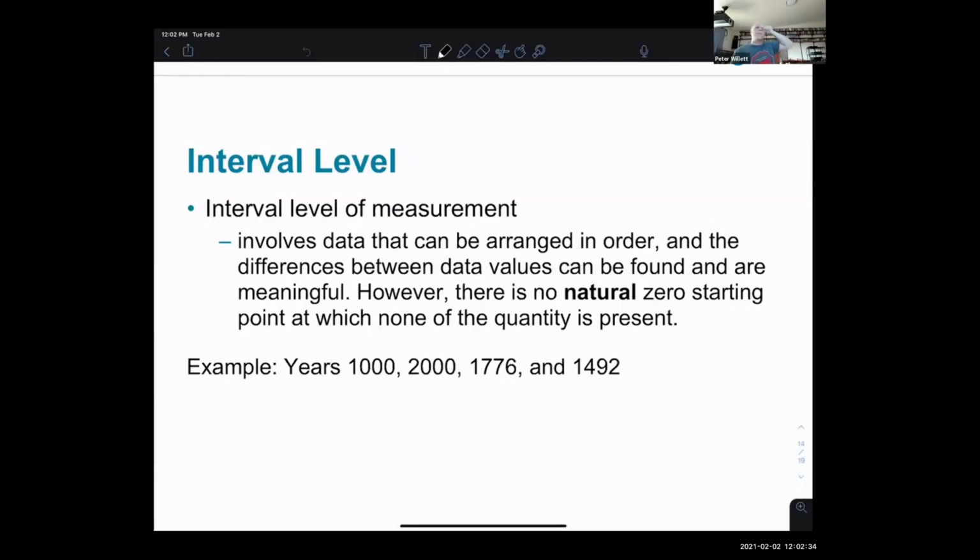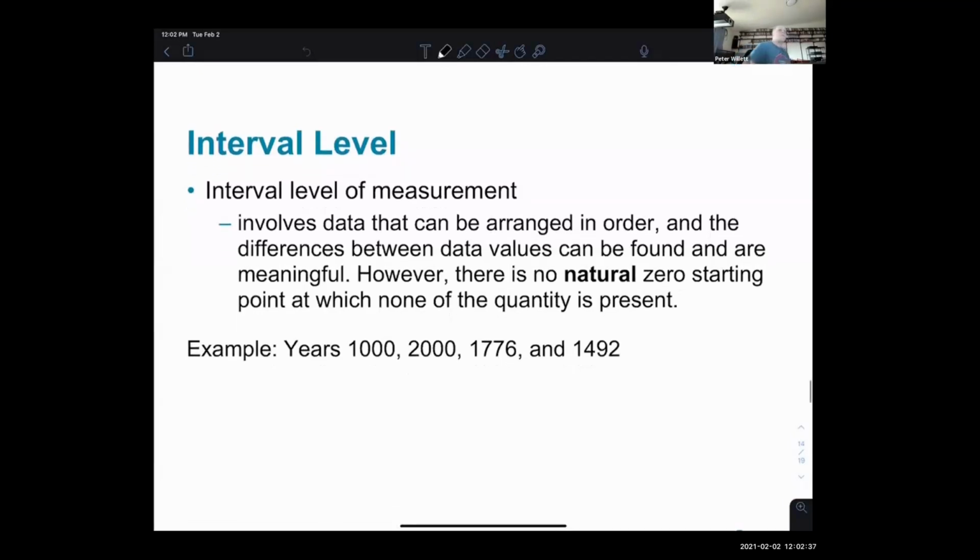Now let's look at their example, years. So 1000, 2000, 1776, 1492. Certainly these can be arranged in order, they're numerical. And the differences make a difference because the difference is the amount of time that passed from one year to the other. So that certainly can be found and is meaningful.